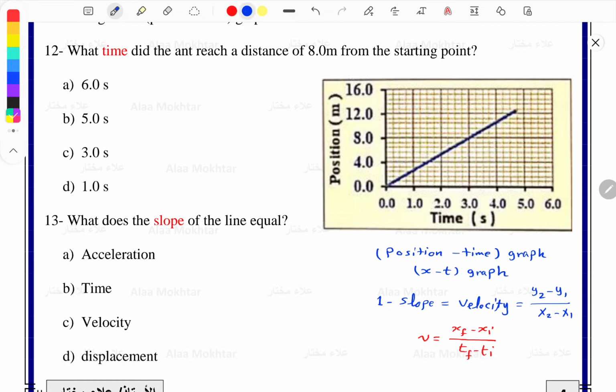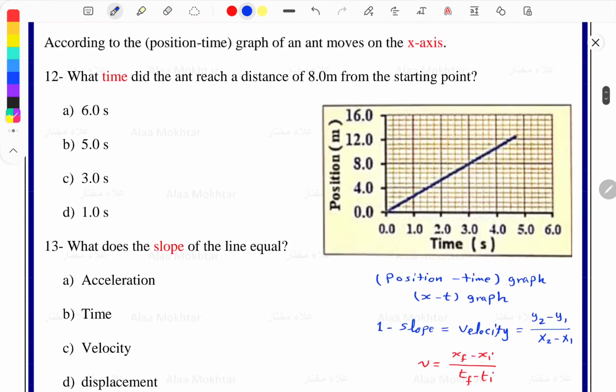So he asked, according to the position of the ant that moves on the x-axis, what time did the ant reach the distance of 8 meters? He asked about the time when this insect reached this position, 8, from the starting point. Okay. Where is the position 8? This is position 8. We draw a horizontal line like this.